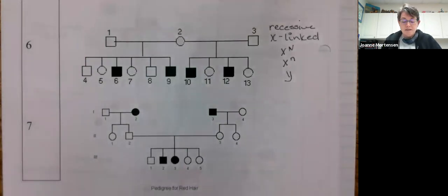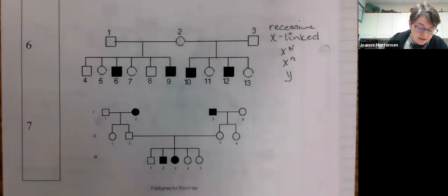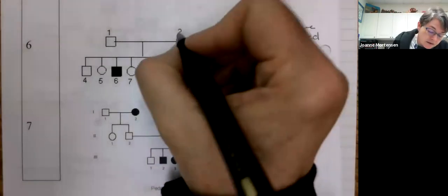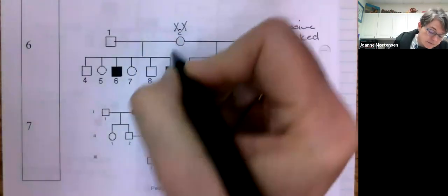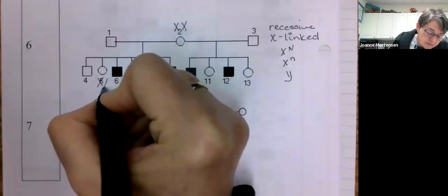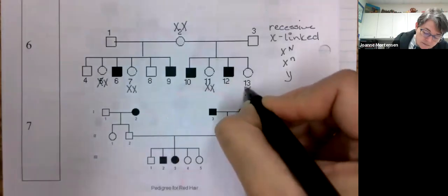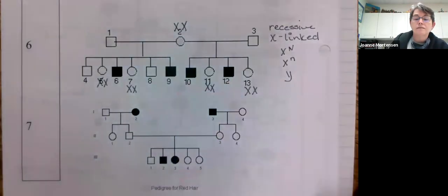And the first thing I'm going to do is, I think I'm just going to be lazy. I'm going to put that every female is going to be XX and every male is going to be XY. Because I know that part. I don't have to think. Okay, so all the females are like that, and all the males.